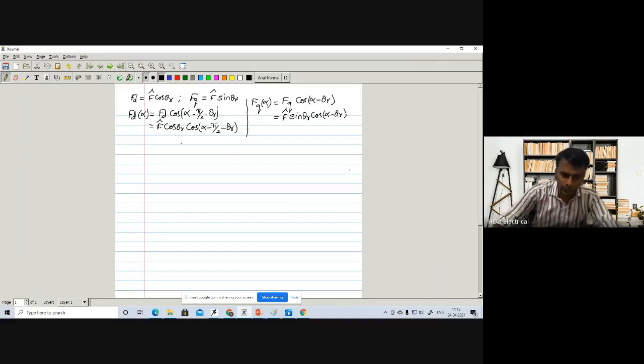Already I have told you, suppose this is the stator and rotor. Assume this is the stator, the stator slots are there, so current is entering here and current is leaving in this region.